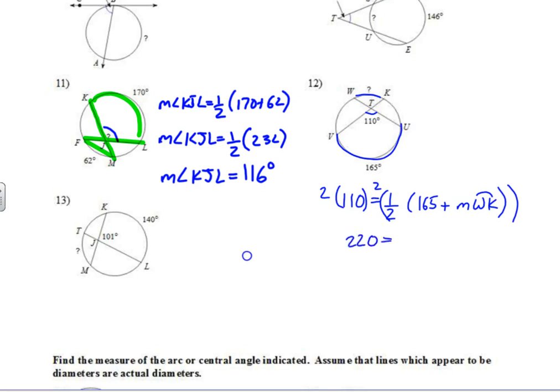So you get 220 equals 165 plus the measure of arc WK. We subtract 165 from 220, and when we subtract that, we get 55 equals the measure of arc WK. So 55 degrees up there.